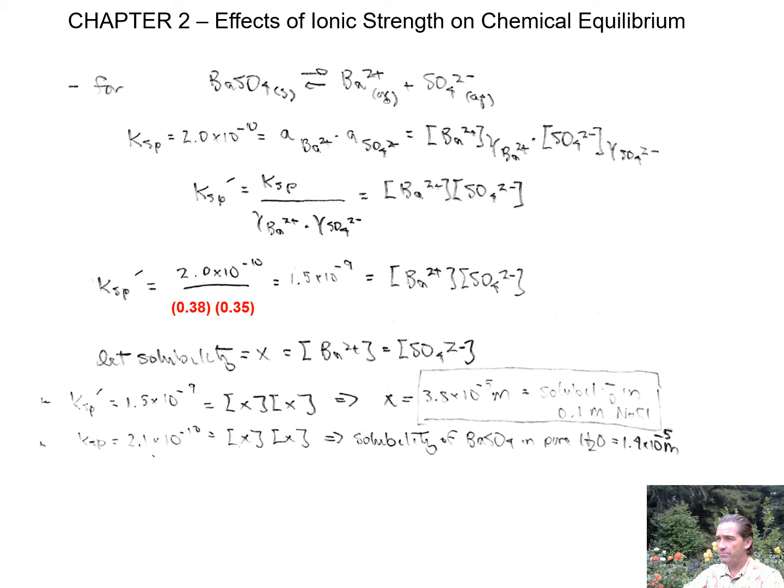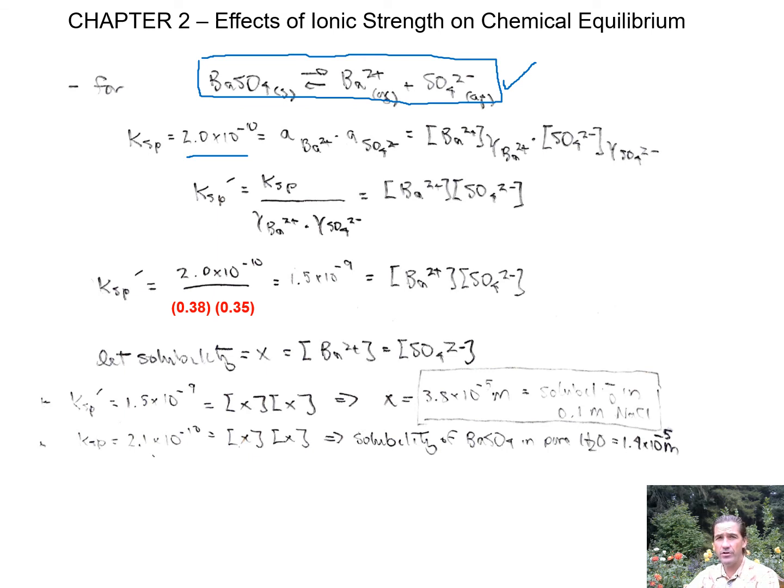So now we're going to do this problem similar to what we've done in the past. The first thing is I am trying to figure out the solubility of barium sulfate. So I need to write an equation expressing the solubility of that solid, and I've done that. I have been given the equilibrium constant of 2.0 times 10 to the -10. That is equal to the activity of barium times the activity of sulfate.